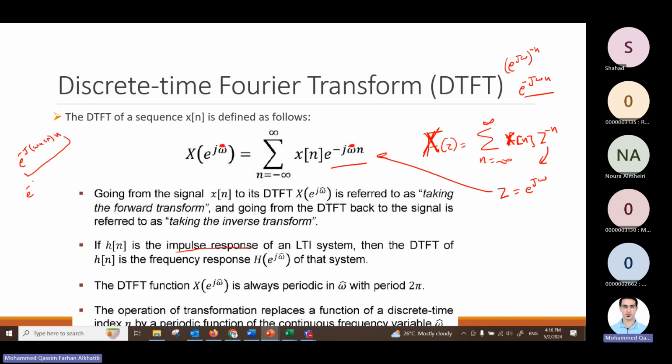Let's distribute: e to the power minus j omega n times e to the power minus j 2 pi n. Now we can apply the Euler identity, so it's going to be cosine 2 pi n minus j sine 2 pi n.